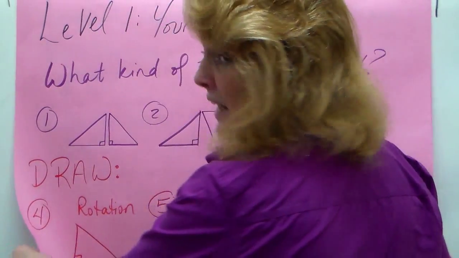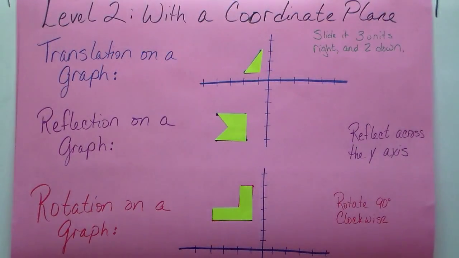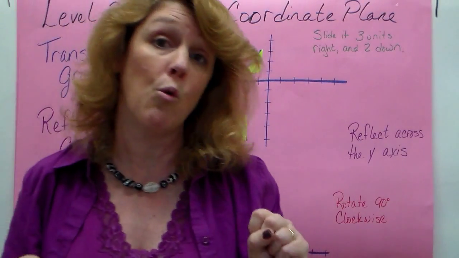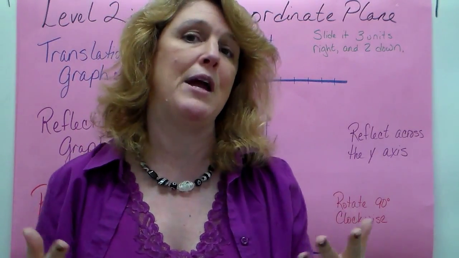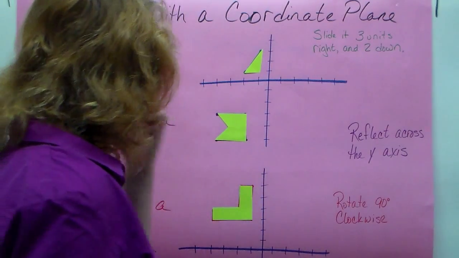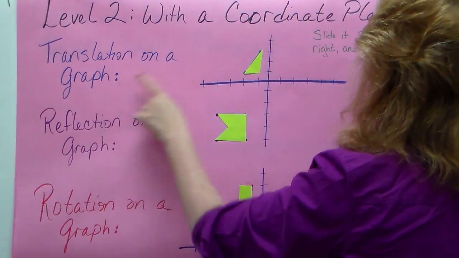All right. Now it gets hard. We're on level 2. And I know you don't believe that something in this chapter can be hard, but we're actually going to work with a coordinate plane now. If we put these shapes on graph paper, how do these kinds of movements affect us? So, we're going to start with having a translation on a graph.